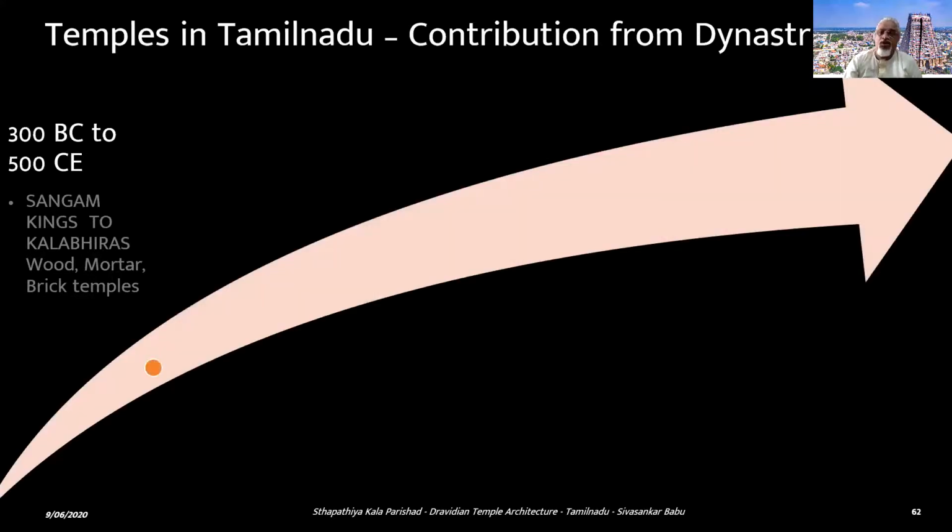Another interesting fact when you talk about Tamil Nadu is that except for 2 breaks in between, one during the Kalabhra period from 400 to 600, and another one during 1300 for around 100 years, there were no interruptions or no invasions or confusions internally.